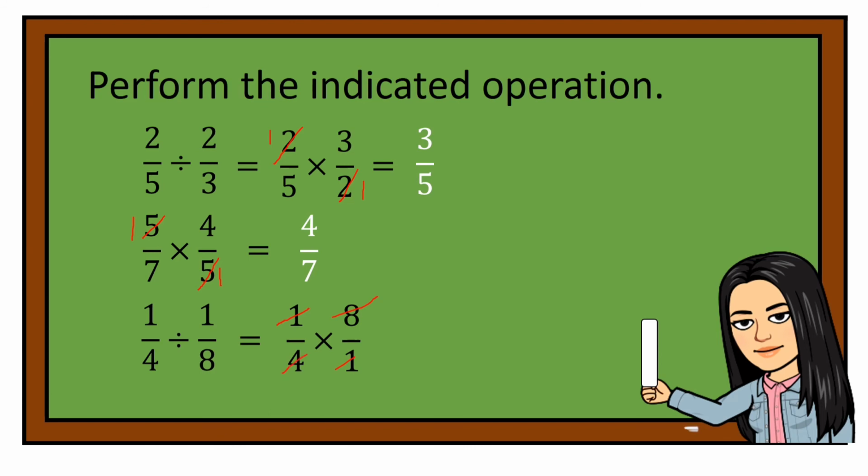So this 8 would become 2, and then 4 became 1. And then proceed to multiplication. So that would be equal to 1 times 2 is equal to 2, and 1 times 1 is equal to 1. 2 over 1 would be equal to 2. So that's why we only have here 2.